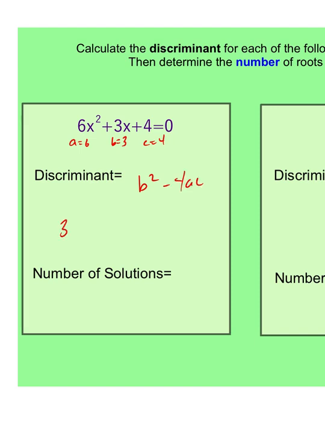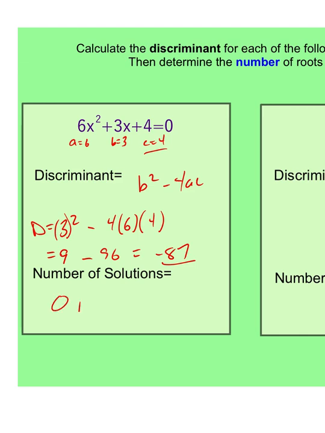Well, B squared here would be 3 squared. Again, we'll use capital D for discriminant. Minus 4 times A, which is 6, times C, which is 4. So that would equal 9 minus 96, which gives us a value of -87. And again, negative value means there are 0 real solutions.